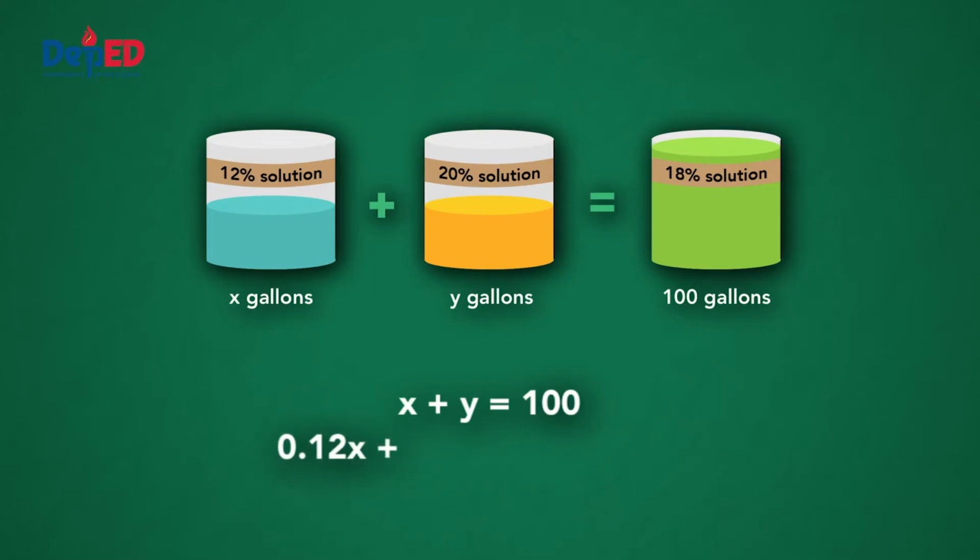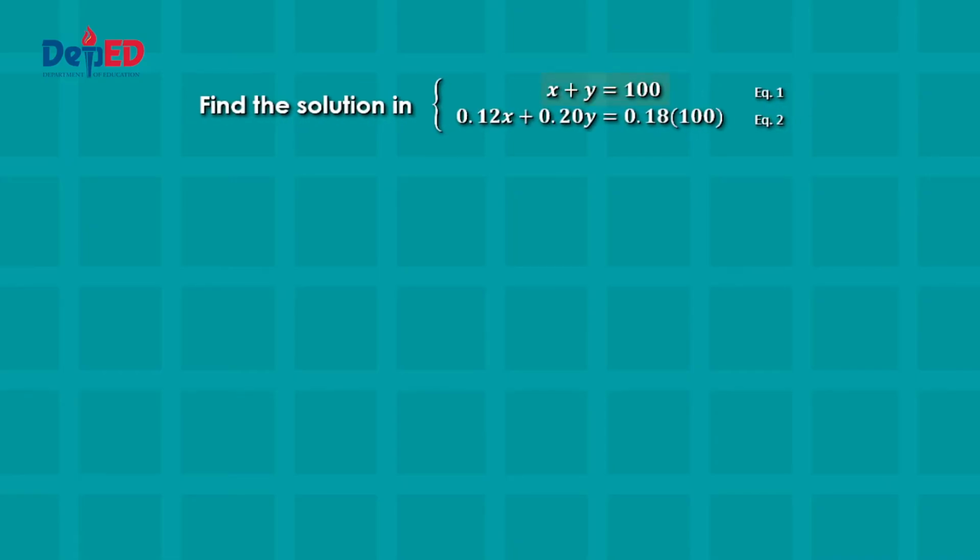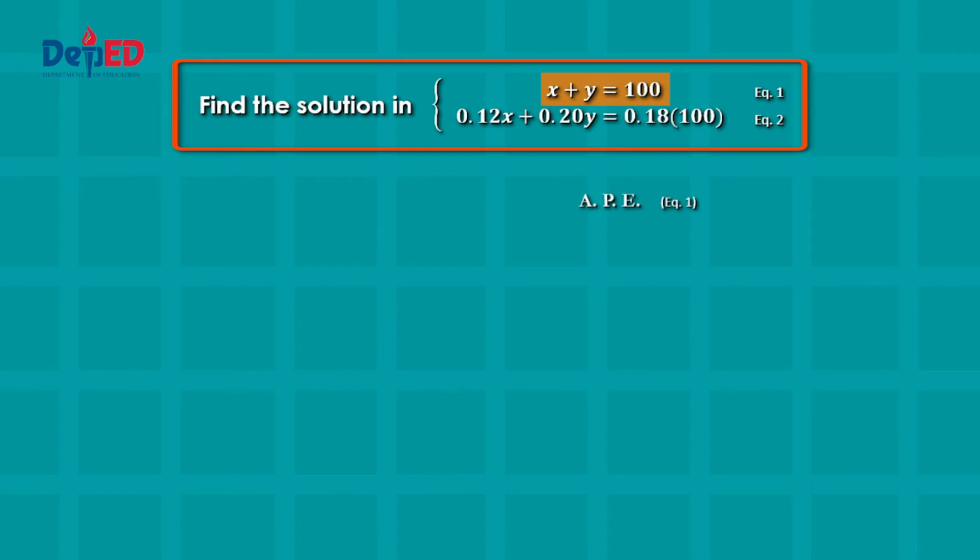So we can say that the second equation is 12% or 0.12 times X plus 20% or 0.20 times Y is equal to 18% or 0.18 times the total number of gallons, 100. We can use the first equation to write X in terms of Y by simply using addition property of equality. So X is equal to 100 minus Y.